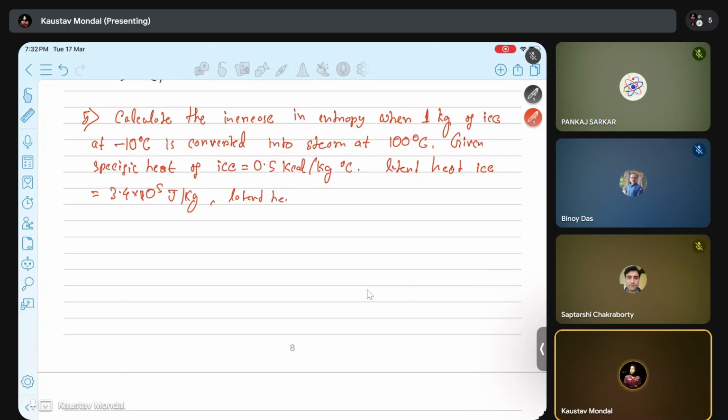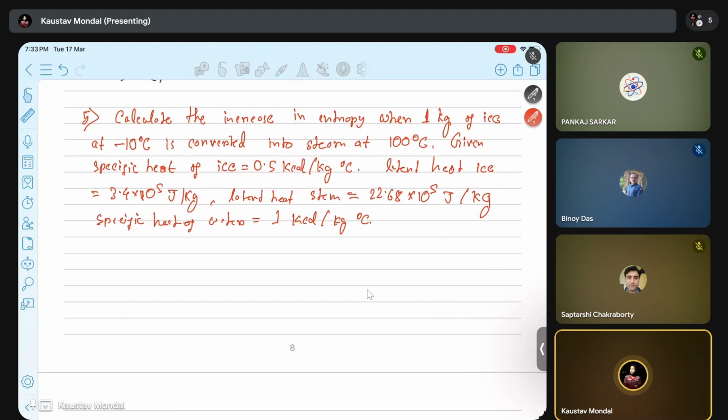Latent heat of steam is also given, that is 22.68 into 10 to the power 5 joule per kg, and specific heat of water equal to 1 kilocalorie per kg degree centigrade.